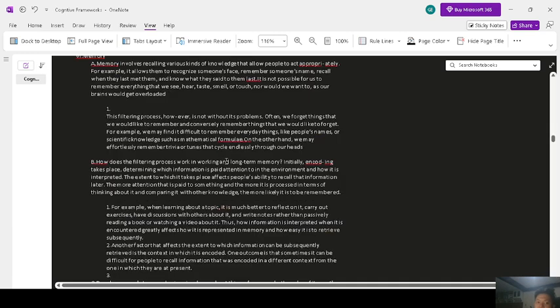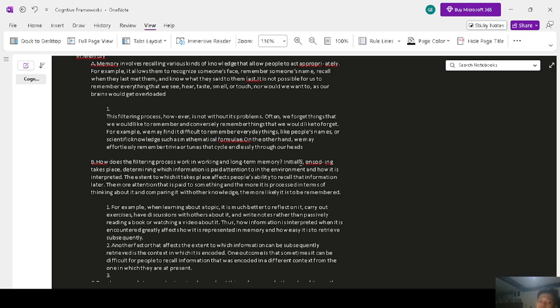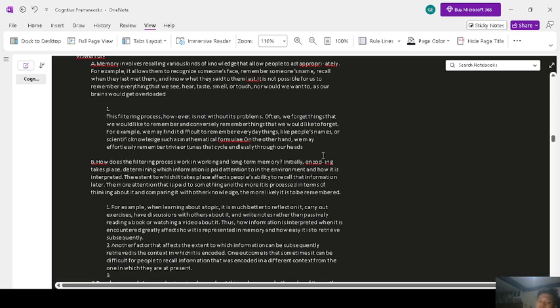This filtering process, however, is not without its problems. Often we forget things that we would like to remember, and conversely, remember things that we would like to forget. For example, we may find it difficult to remember everyday things like people's names, or scientific knowledge such as a mathematical formula.